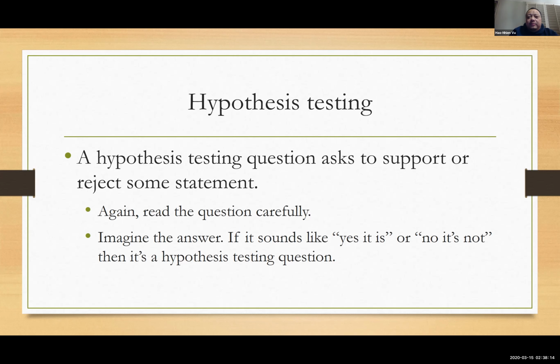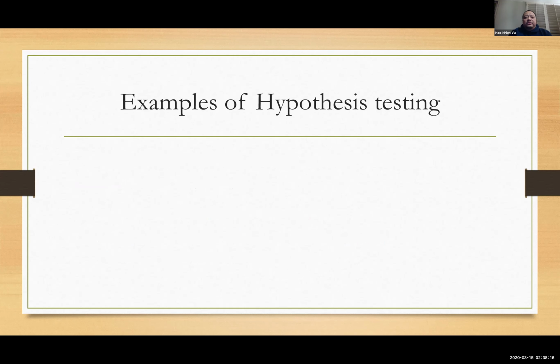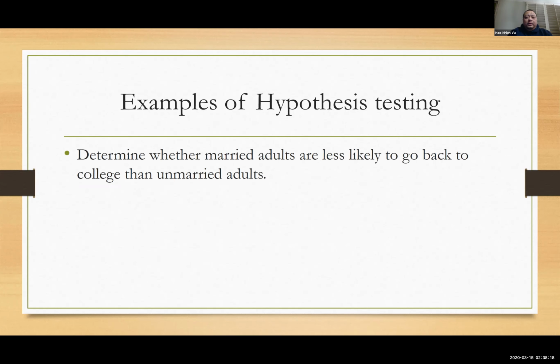Okay. So let's see some examples of hypothesis testing. First example, determine whether married adults are less likely to go back to college than unmarried adults. What do you think? Okay, in your head, if you're thinking, yeah, I think so, or if you're thinking, nah, I don't think so, either way, it doesn't matter, okay?